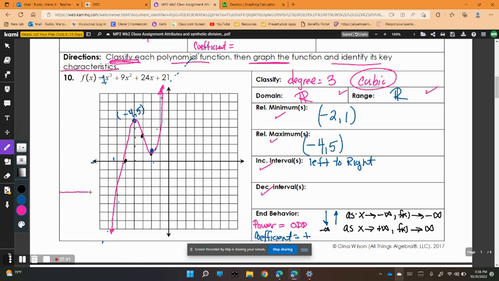So if we go from left to right, we see the first little segment of the graph right here. As we're going up the graph, we're looking at the y values.